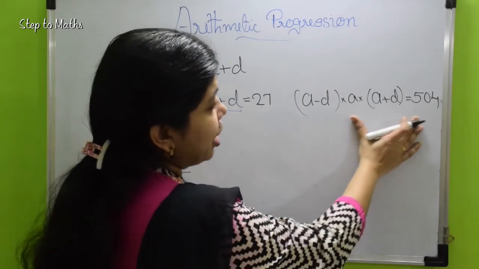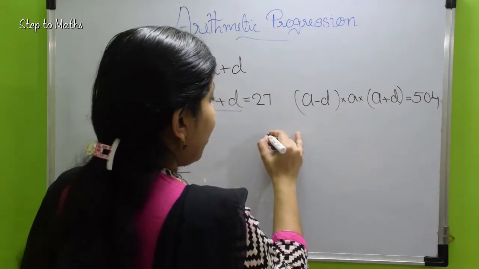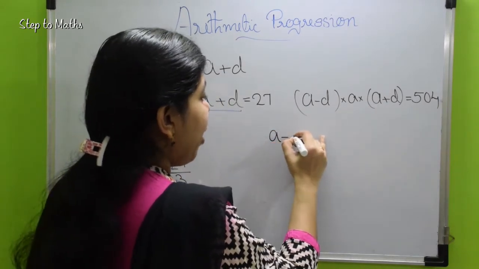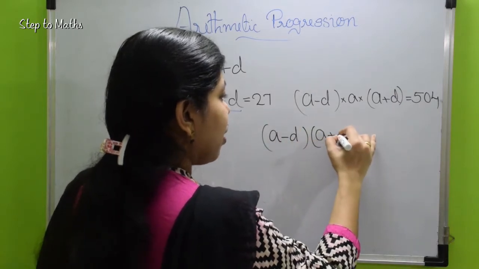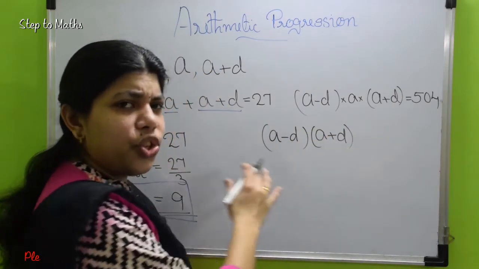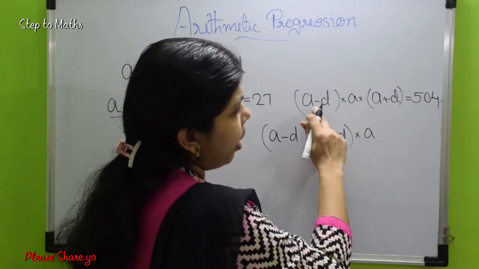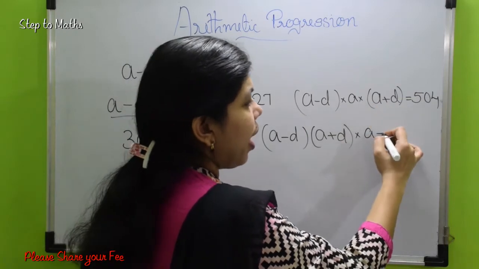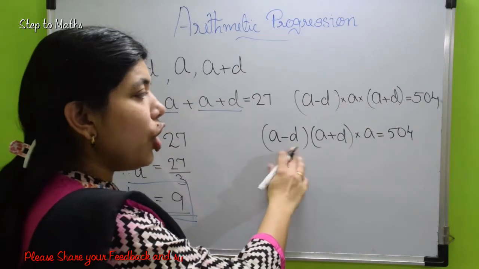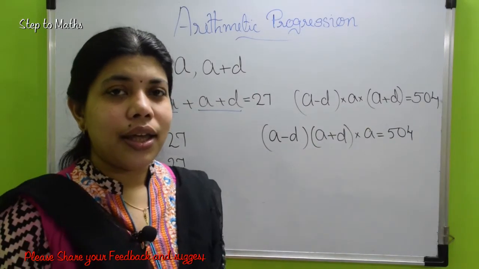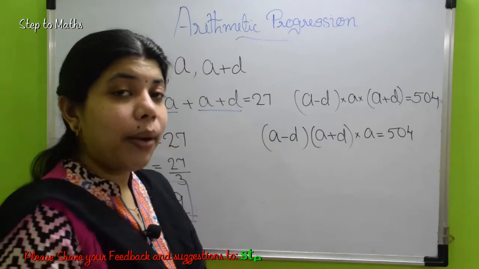Now move to its product, a minus d into a plus d. We change the order into a minus d into a plus d into a, and that is equal to 504, and a minus d into a plus d in the form of a plus b into a minus b, that is a square minus b square.